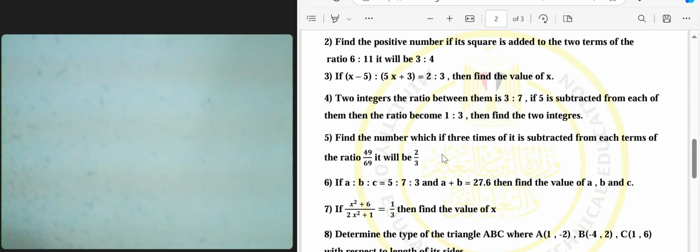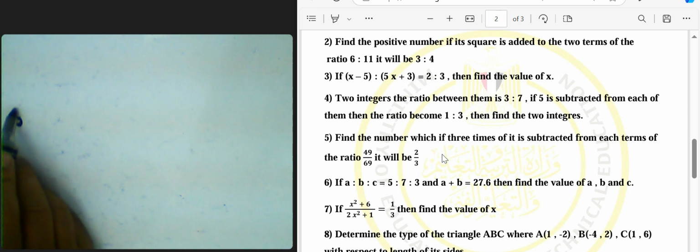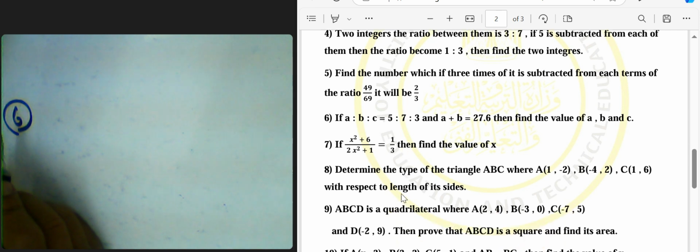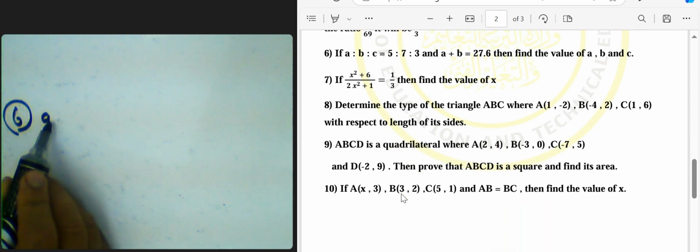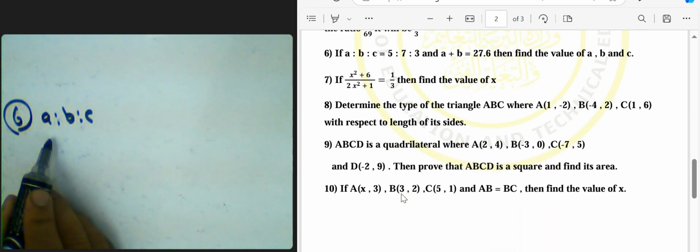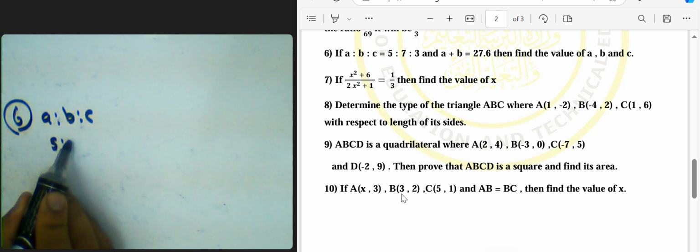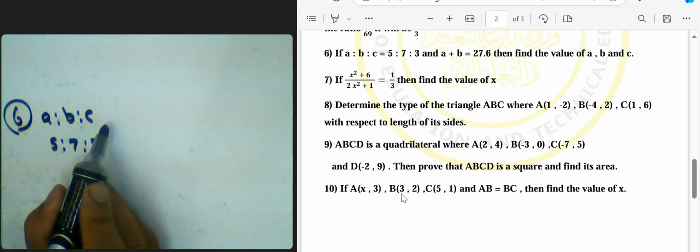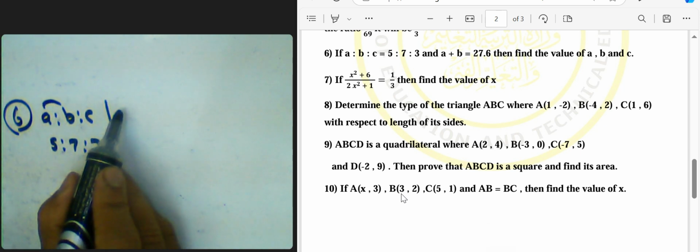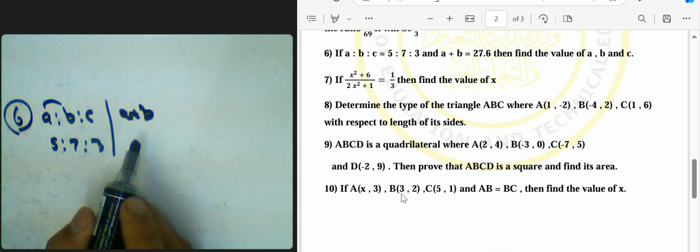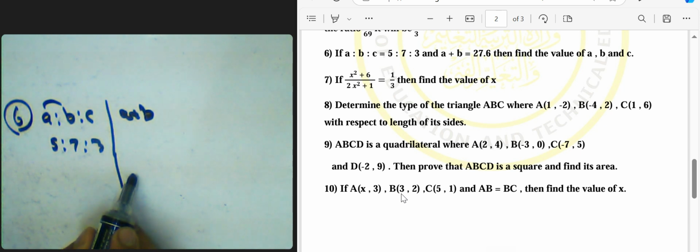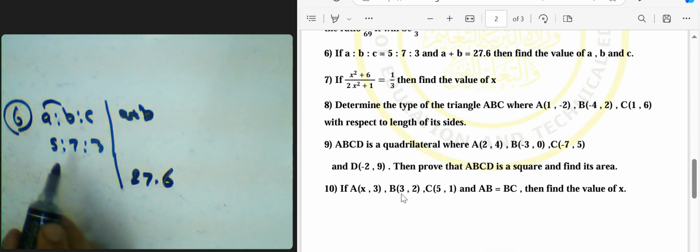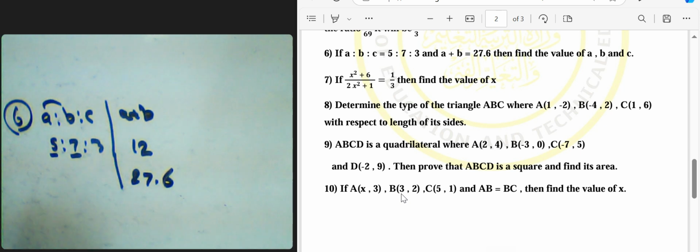Here's question number 5. Now we will solve question number 6. If the ratio A, B, C is 5 to 7 to 3, and A plus B was 27.6. Then we can add 7 plus 5 equal 12.